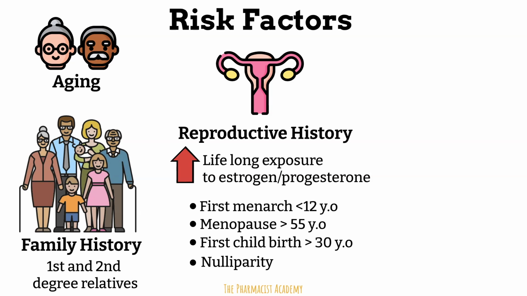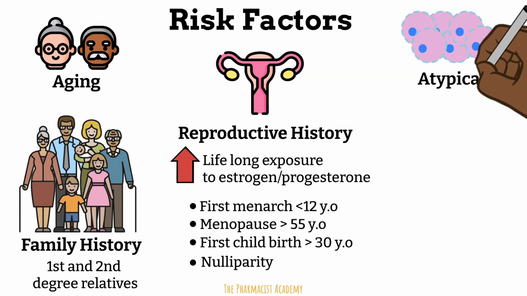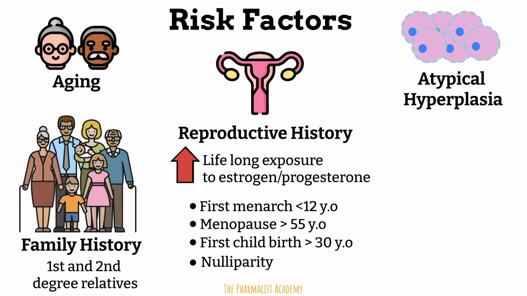Next risk factor of breast cancer is having something known as atypical hyperplasia. This is when breast cells increase in number and develop unusual shape and features. They do not have all the features for us to say that it's cancerous, but it's still concerning to see this since it's not normal, right?